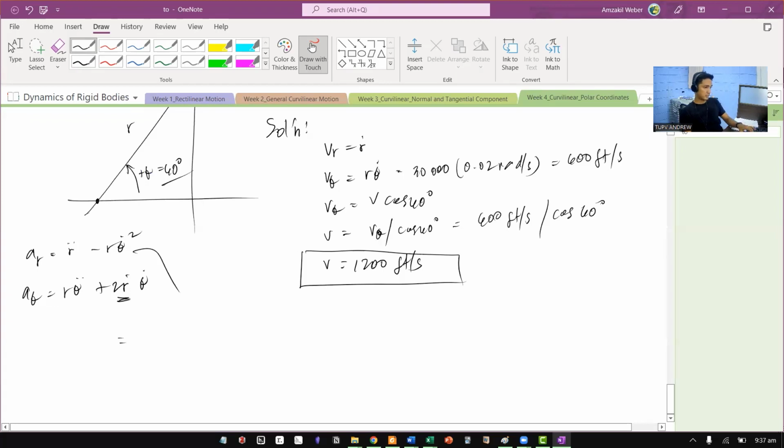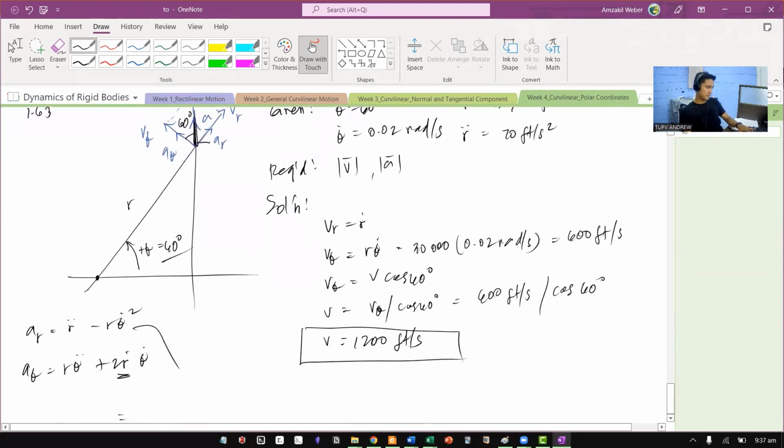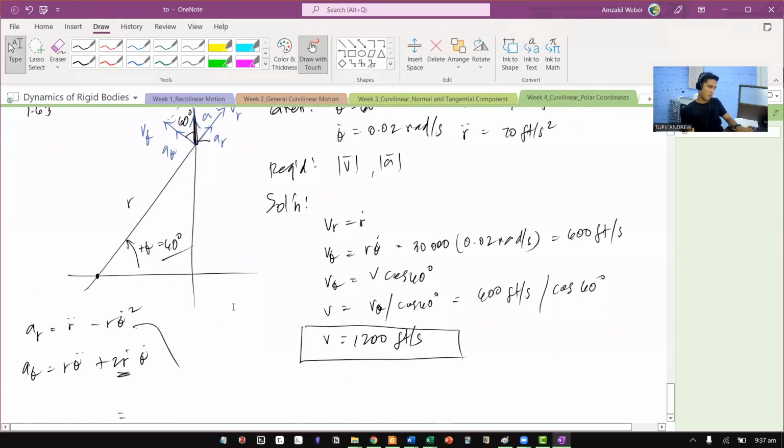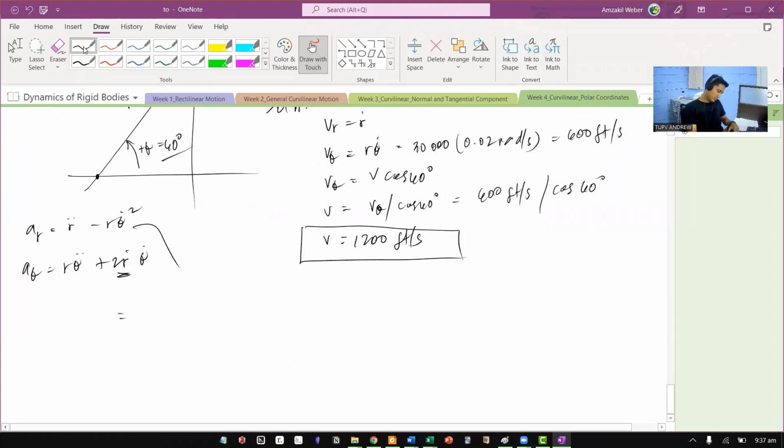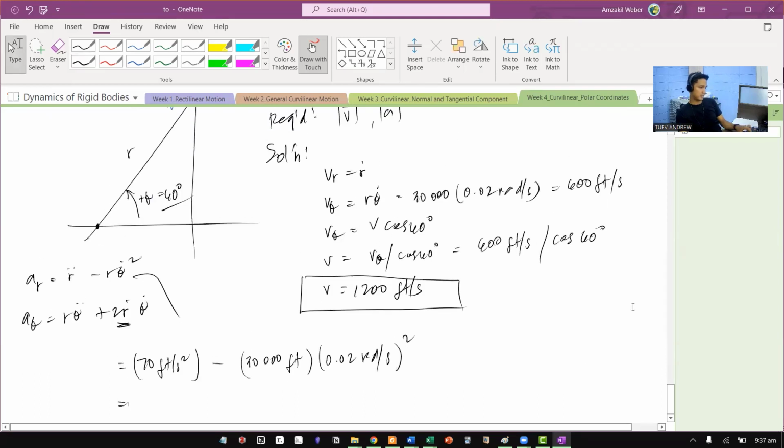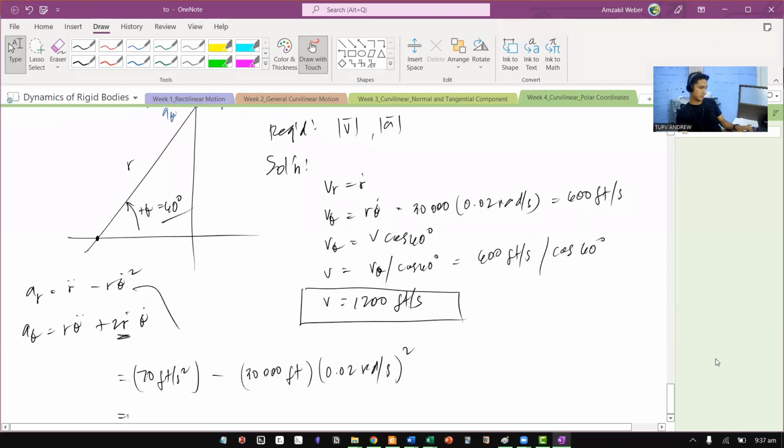According to the given, this is 70 feet per second, minus R is 30,000 feet, and this is 0.02 radian per second squared. There is also the angle of 60, which of course has already been used.